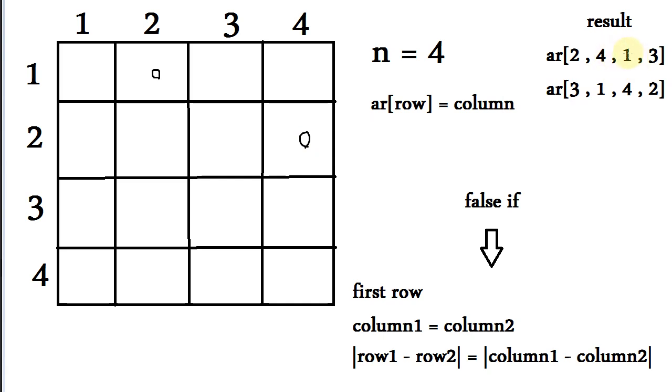The third index, the first column, and the fourth index, the third column. That will be the result of our code.